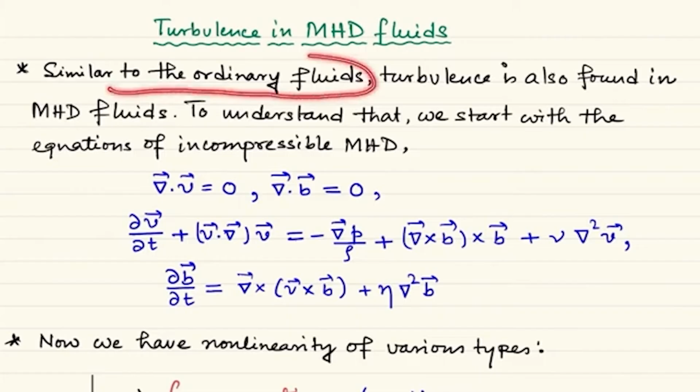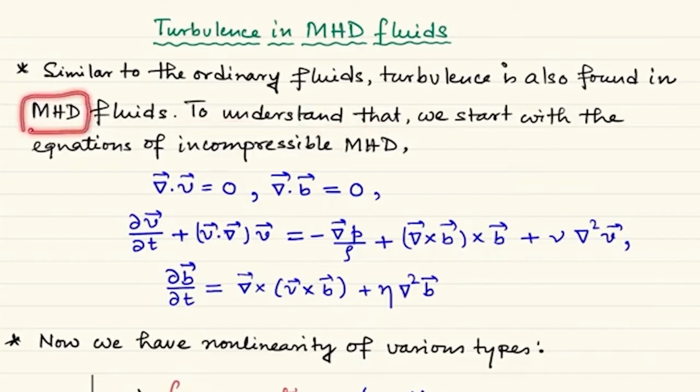Similar to ordinary hydrodynamic fluids, turbulence is also found in MHD fluids, and actually, to be very honest, in plasmas. One of the easiest ways to model this plasma turbulence is through the turbulence in MHD fluids, because we know the MHD equations.